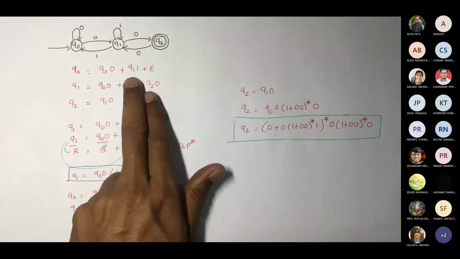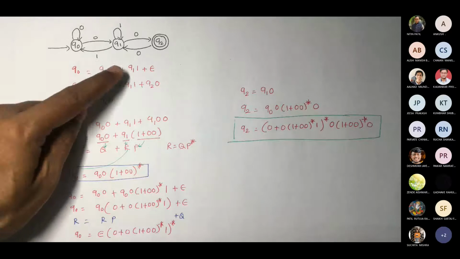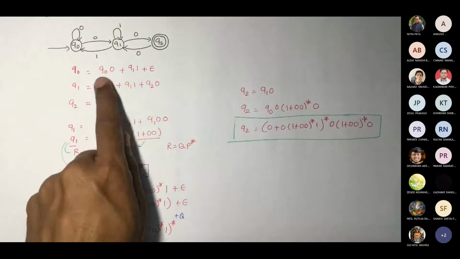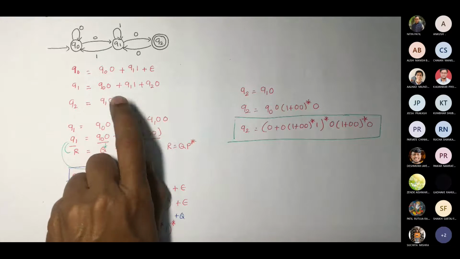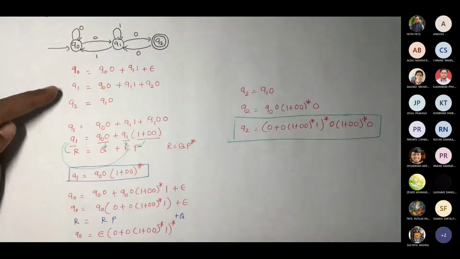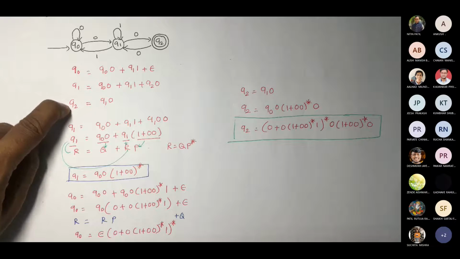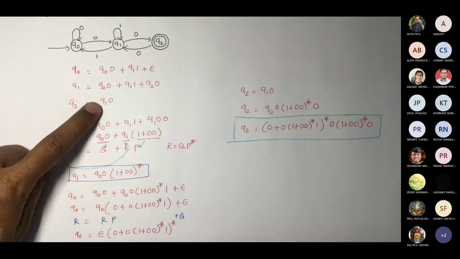You will replace this Q1 by the whole expression. You may get Q0, but then there would be Q1 and Q2 again. So better not to touch this. If I work with this, I can definitely choose either this or this. I have chosen Q1 directly, though I explicitly chose Q2 first because I have to concentrate on Q2, and for Q2 I require Q1. That's why I started with Q1.